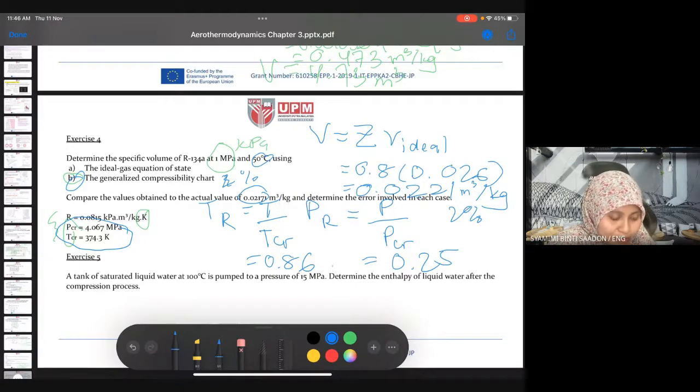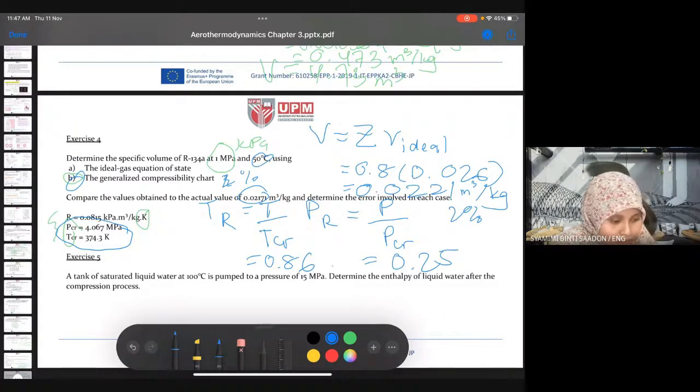So sometimes we can use the compressibility chart to search for the exact value of the refrigerant or fluid. But we can still use the ideal equation of state because it is a simplified version.